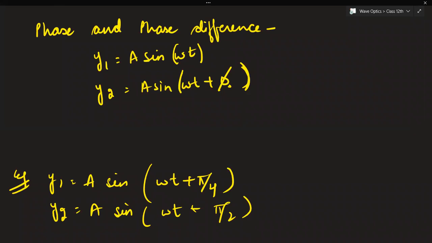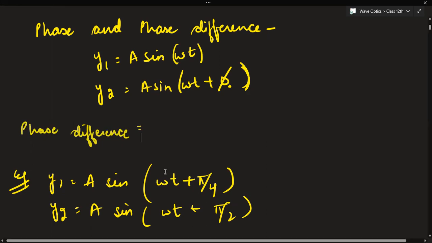Here also, the difference will be whatever extra amount is left after subtraction. Let's say the first equation is y1 = a sin(omega t). The second equation is y2 = a sin(omega t plus phi naught). What will be the phase difference? This is phase 1 and this is phase 2.